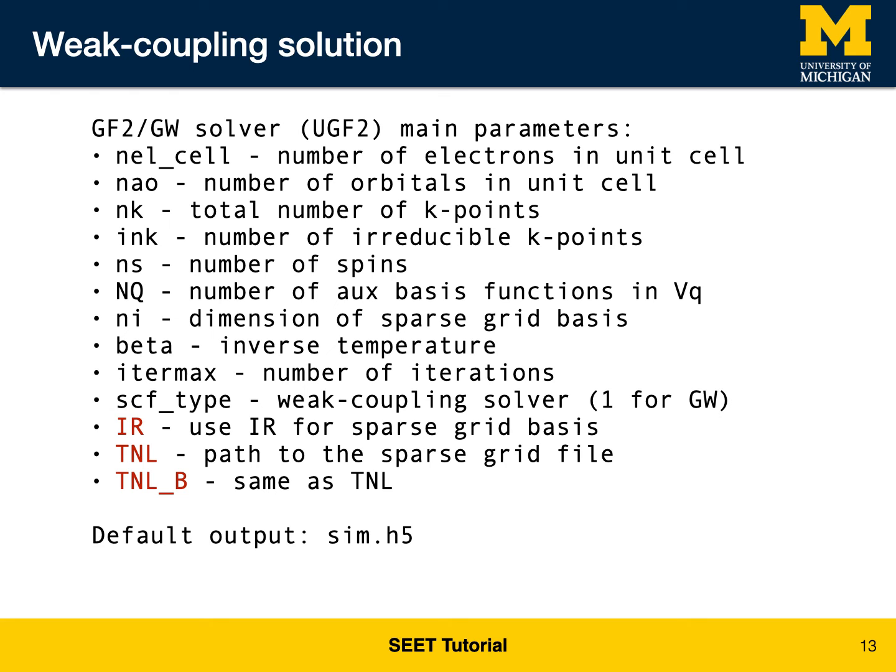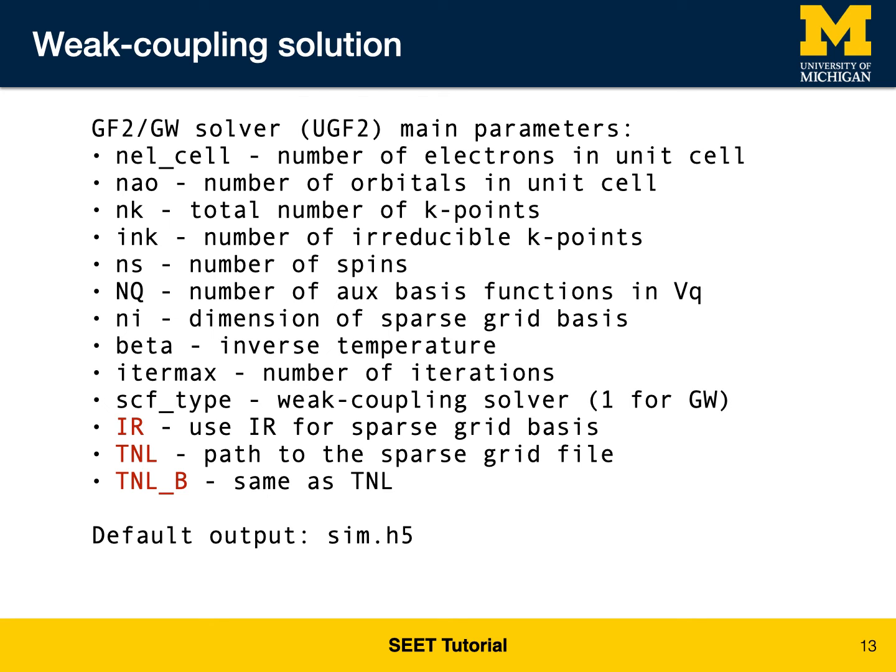Then you need to specify how many tau points you have by providing the dimension of your sparse basis grid. Then, of course, your temperature, number of iterations, and type of the self-consistency. This will be changed in the next release. So right now it's an integer parameter, so it's either 1 or 2. So 1 is for GW, and 2 I think is for GF2.